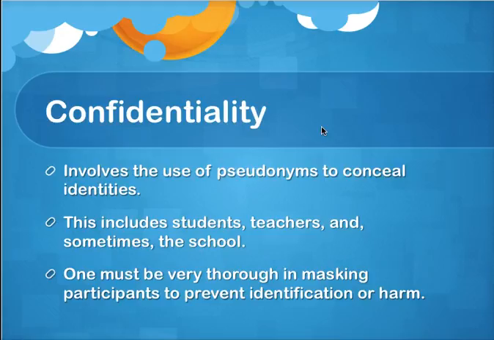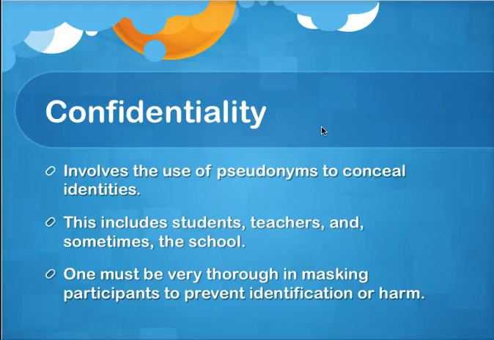Confidentiality is very important. This involves the use of pseudonyms to conceal identities. Most research projects that one would conduct in a classroom or with minors need to be masked. Okay, in other words, there has to be the use of pseudonyms. This includes students, teachers, and sometimes the school.